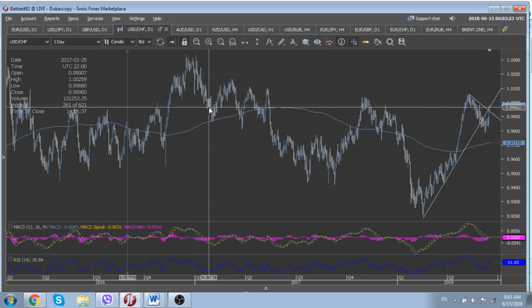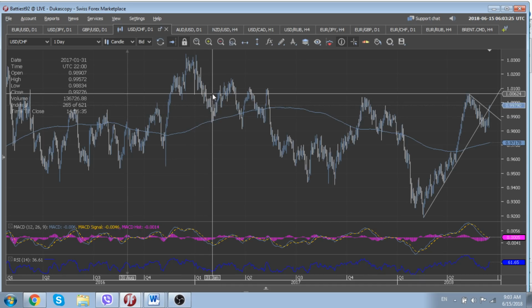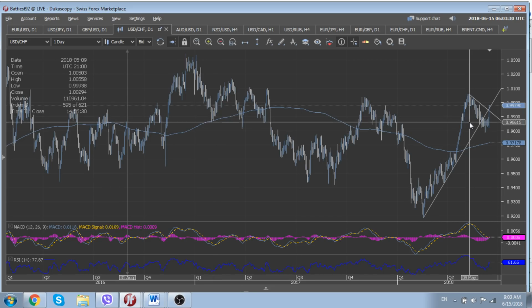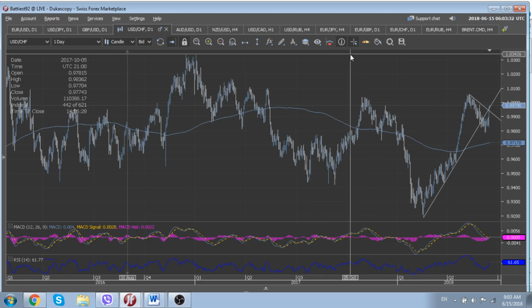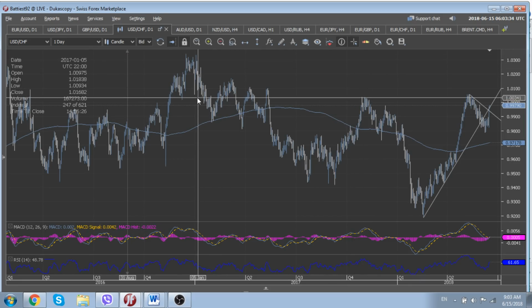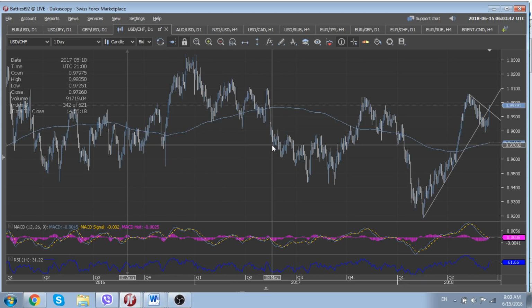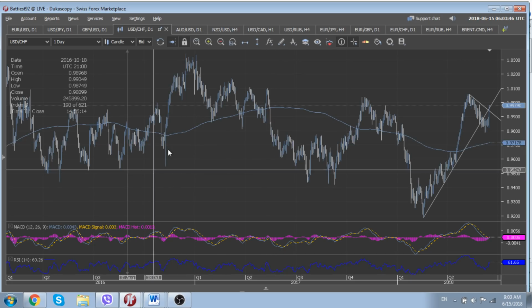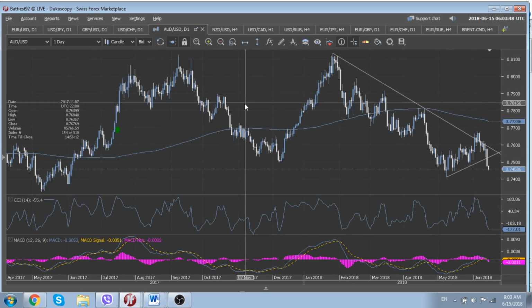In case of a break above 1.0055, the highs of May, the next level to watch will be the highs of the beginning of 2017, located at around 1.0335. So all in all, such a kind of situation.